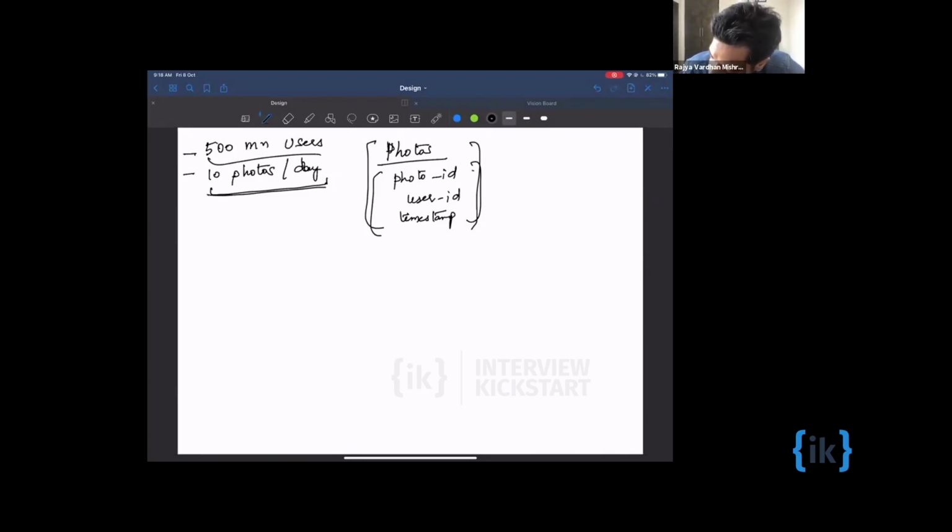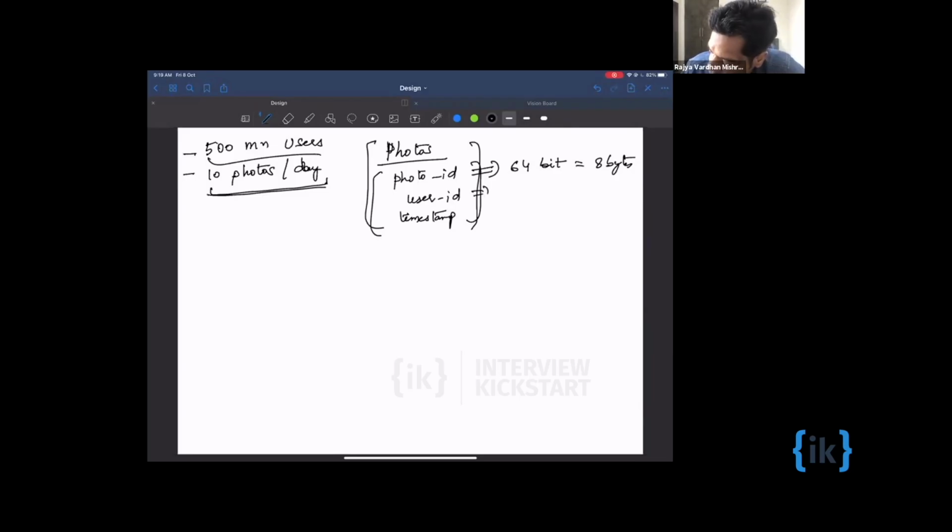So the next step is that, okay, for photo ID, the photos are similar to tweets, right? It could be a huge number, a really huge number, right? So we have seen from the previous exercise that a 64-bit number, that means 8 bytes, would be ideally required for it.